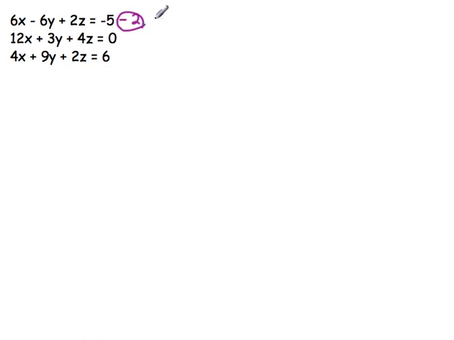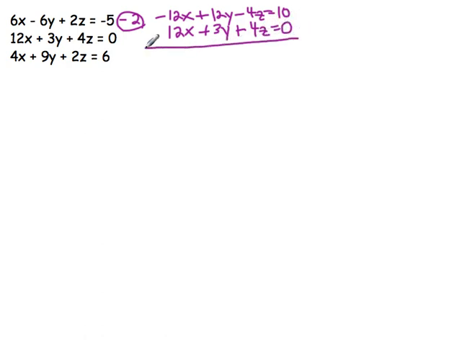So when I rewrite that, I'd have negative 12x plus 12y, watch your signs there, minus 4z equals positive 10. And then I'm going to rewrite the second equation, 12x plus 3y plus 4z equals 0. I'm going to add these up.